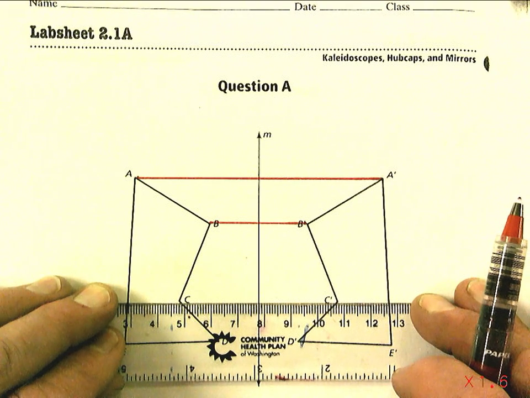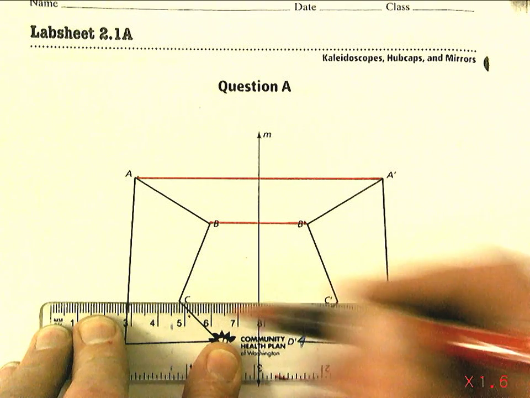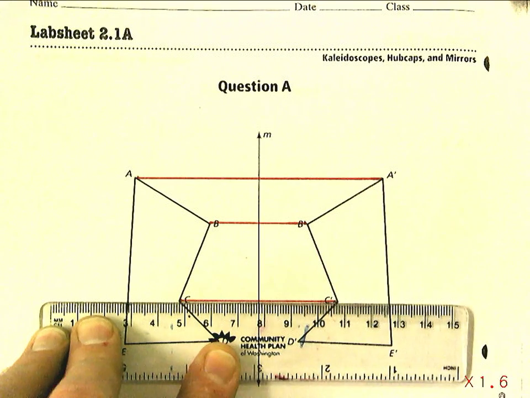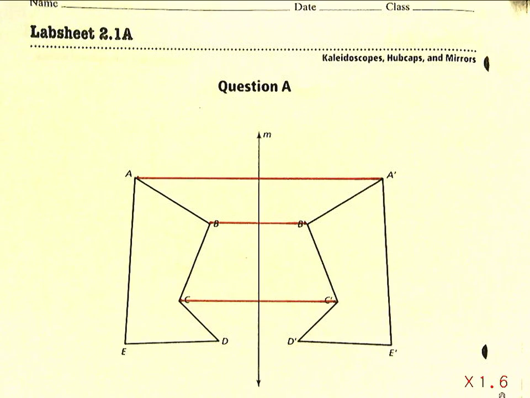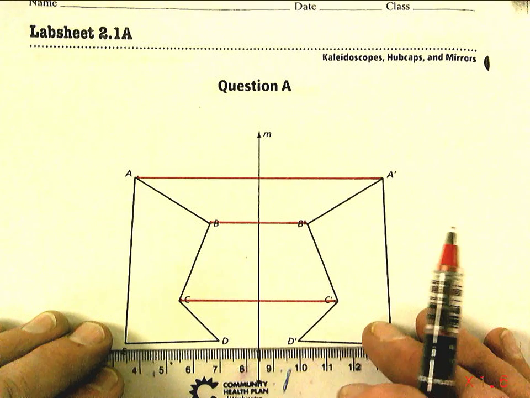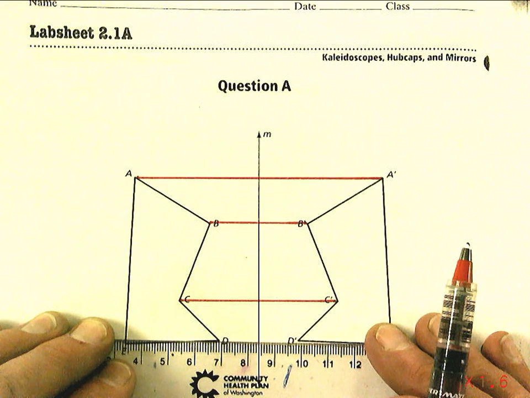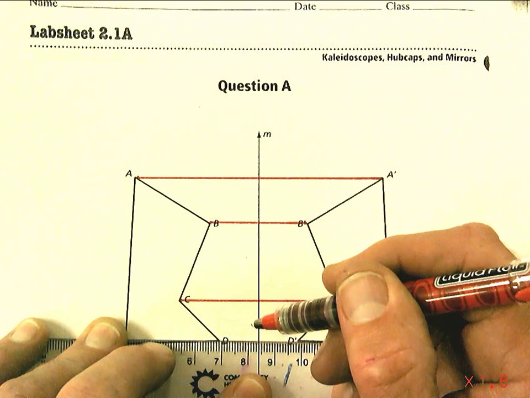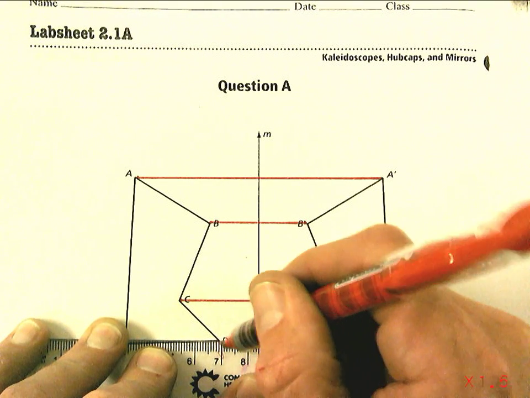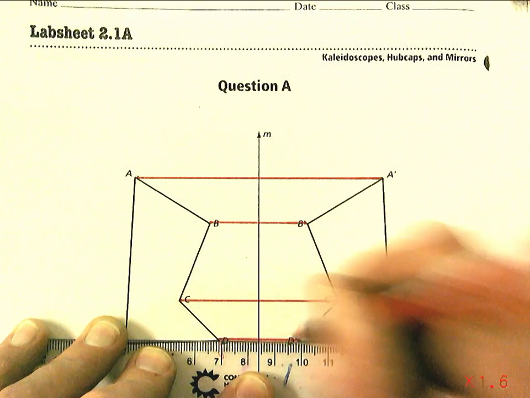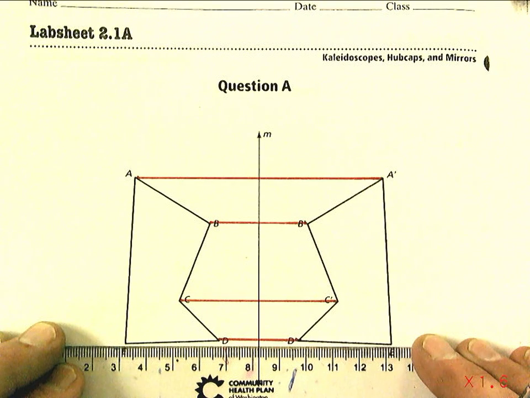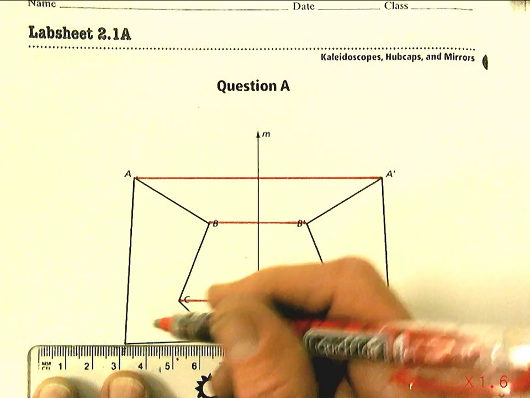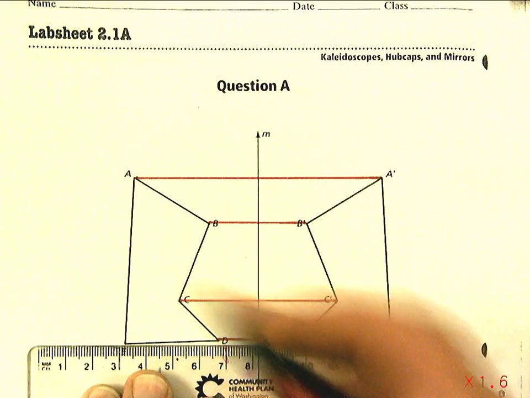C to C prime. That little symbol above the letters is prime. Then D to D prime, and then finally E to E prime, which is not much below where D was.